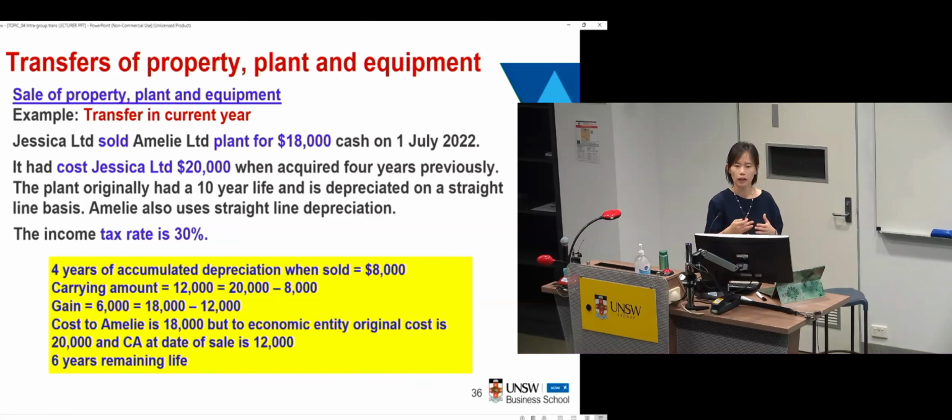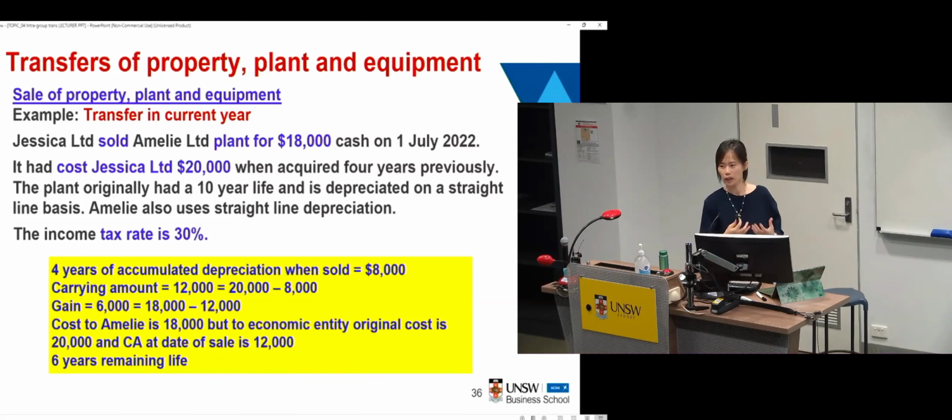Cost minus accumulated depreciation. We know the cost, that is $20,000. What is accumulated depreciation? Let's calculate annual depreciation first. That is $20,000 divided by 10 years, so $2,000 each year. How many years? 4 years. So 2,000 multiplied by 4 years, the accumulated balance will be 8,000. Using cost 20,000 minus accumulated depreciation 8,000, the carrying amount is 12,000.